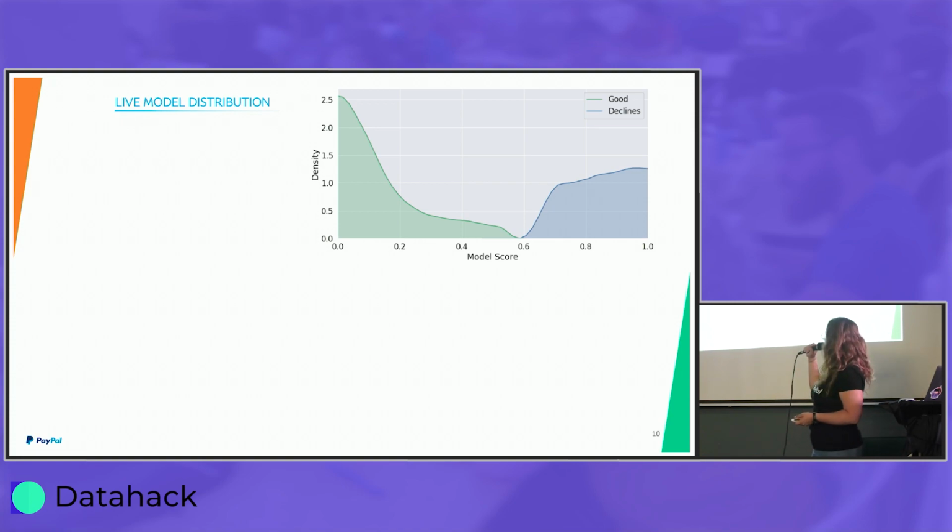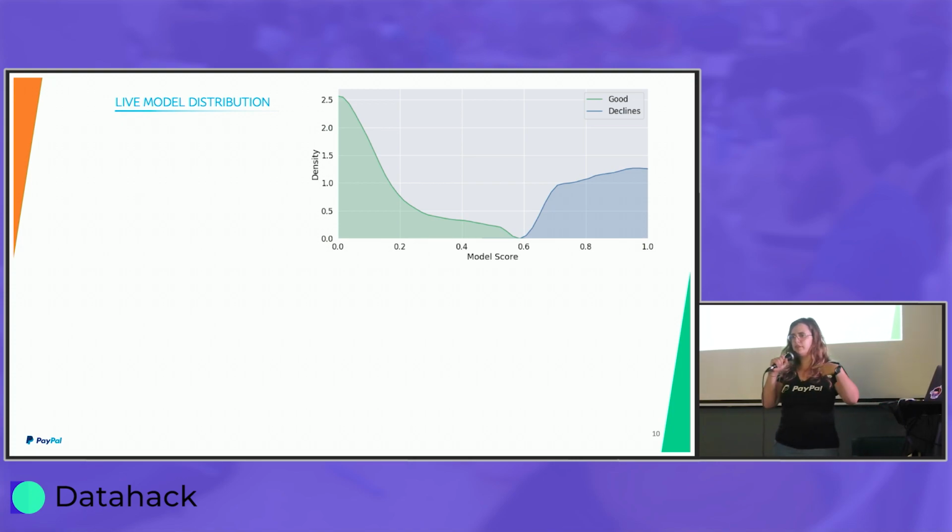Now, if we look at the two populations, instead of looking at the good and bad, we're looking only at good and declines. The good population still distributes pretty similarly. Most cases get a low score. But the declined population is cases that got 0.6 and above, and we don't know if they're good or bad.